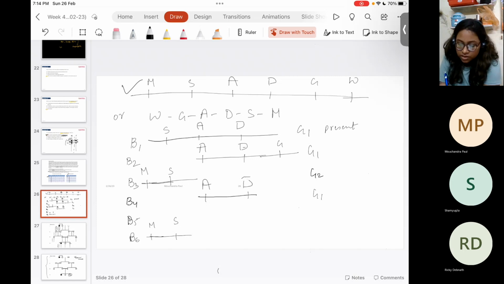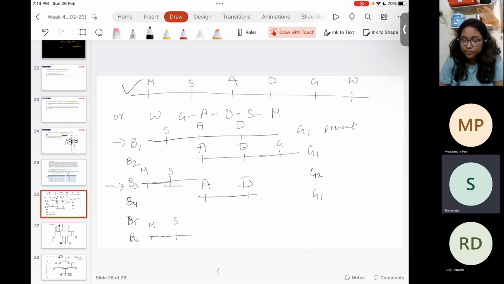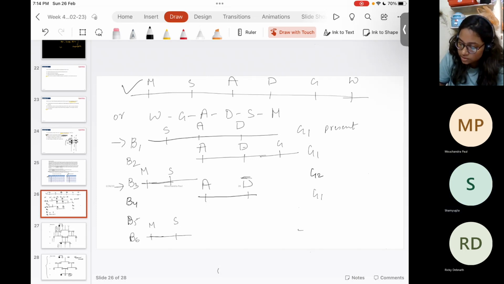So compare B3 and B1. If M was downstream of S, then the B1 fragment should also show positive for M, but it is not present in B1. So we have to assume otherwise, that it would be upstream of S. Got my point? Okay, ma'am, got it. So that was the mistake I made.